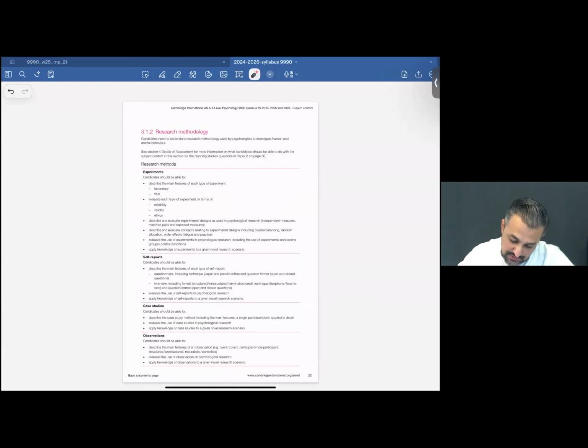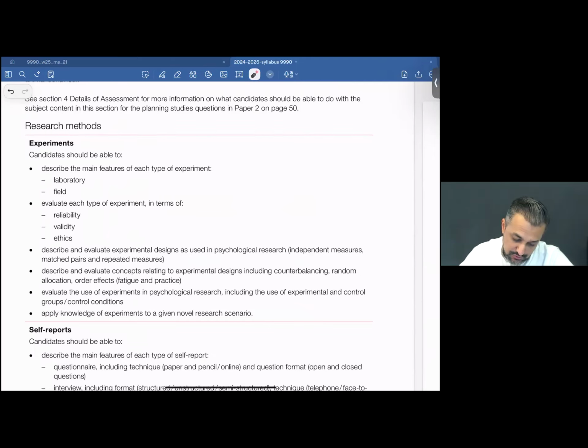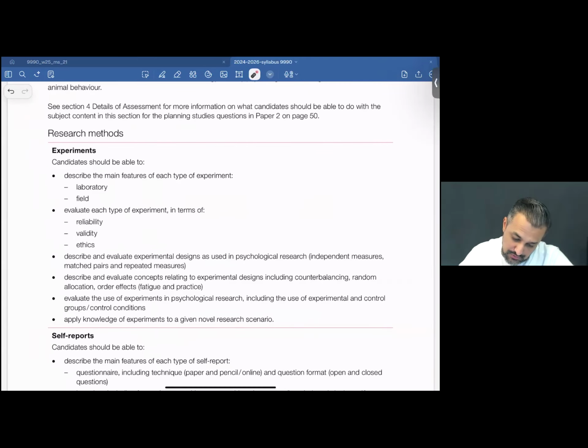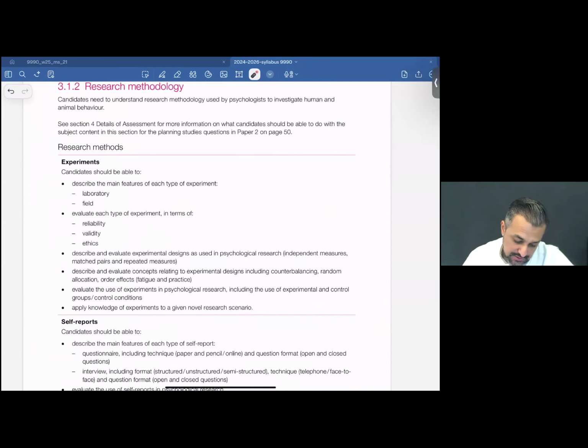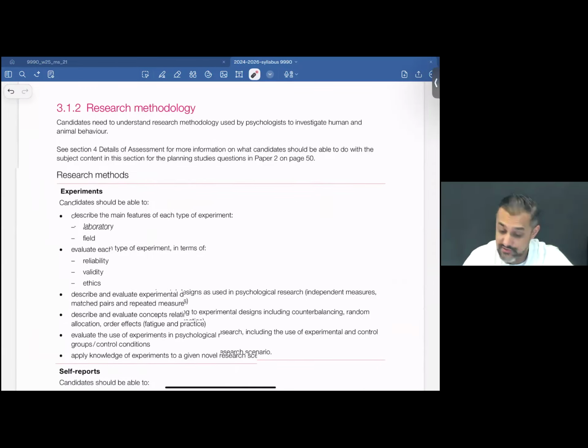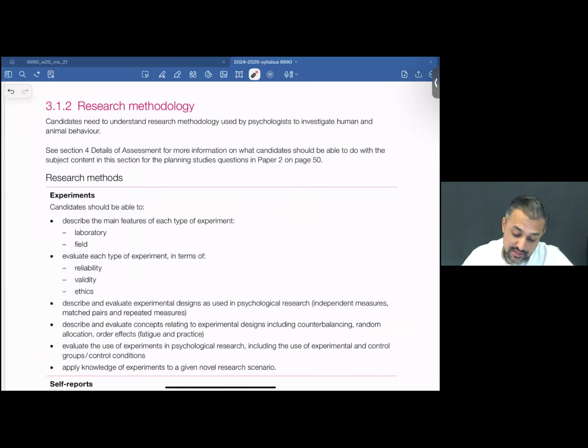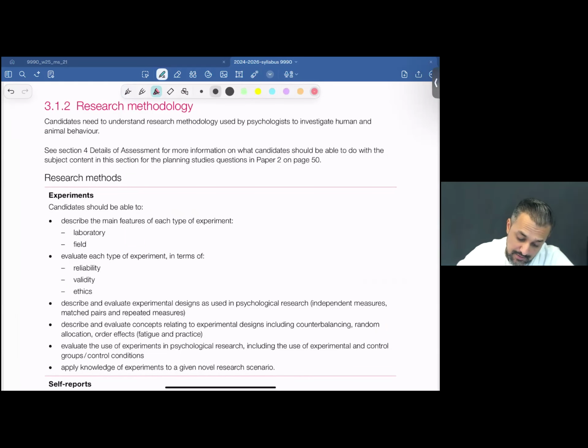So these are the 6 different research methods that you need to know. This is on page number 20. See, this is from your syllabus. Candidates need to understand research methodology used by psychologists to investigate human and animal behavior.